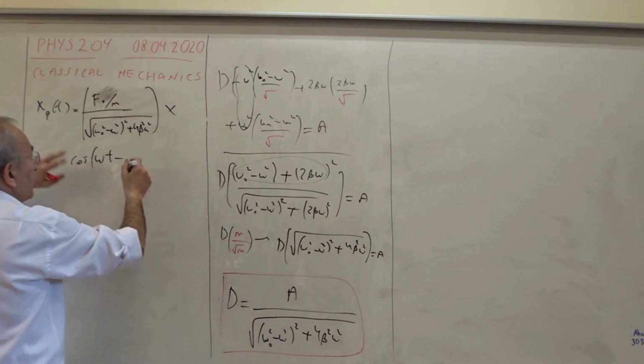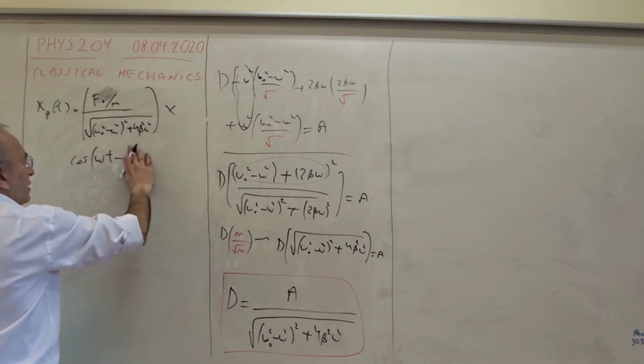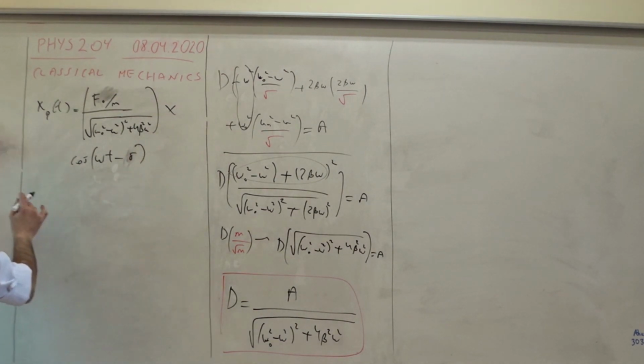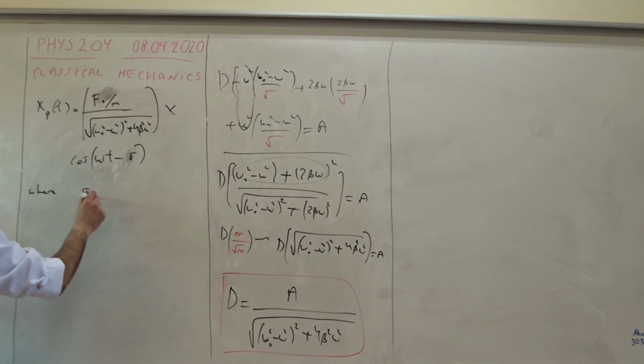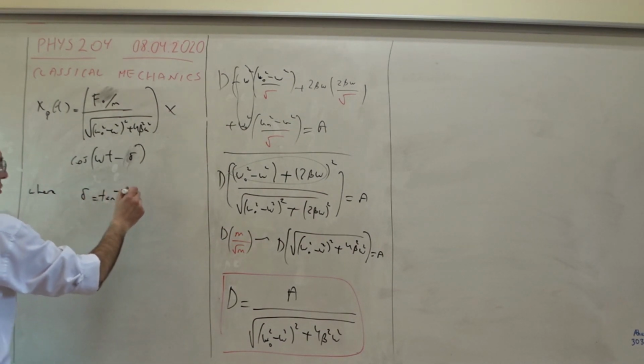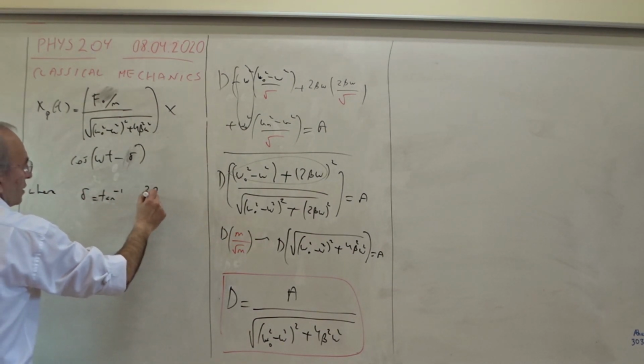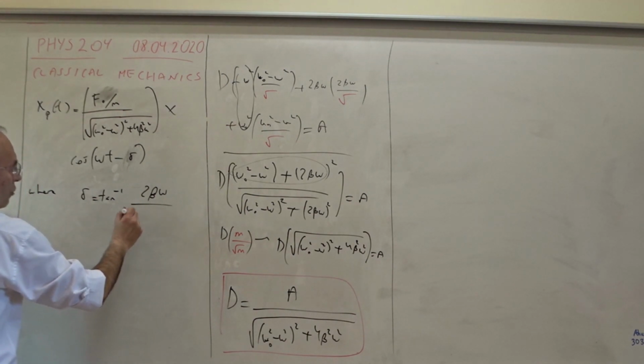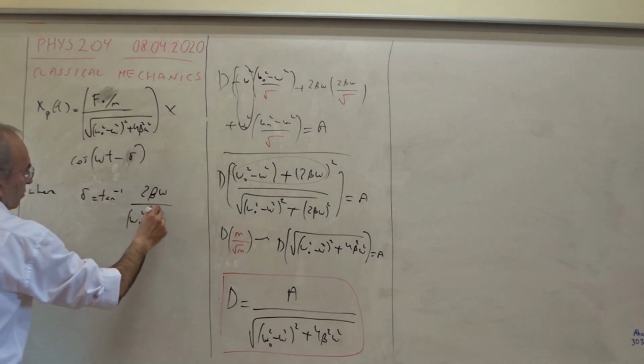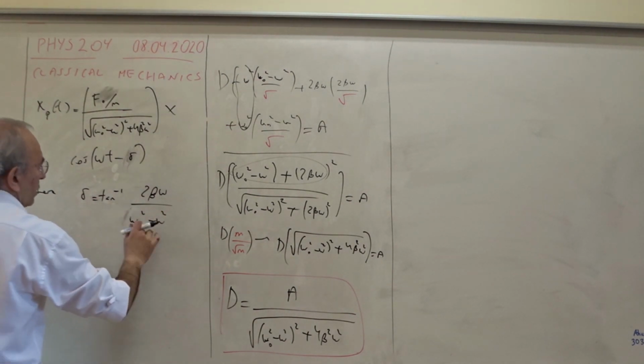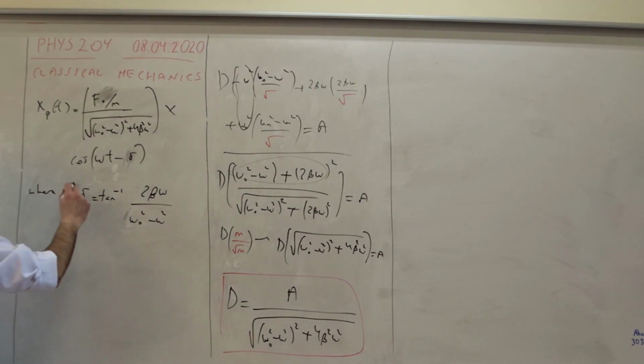But delta is tangent inverse. Let me write it as delta, where delta is tangent inverse of 2 beta omega over omega 0 squared minus omega squared.